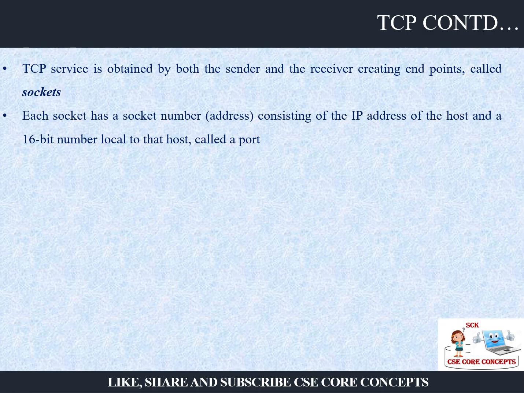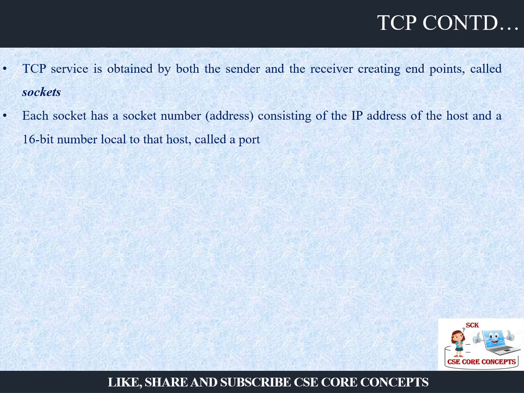Now this TCP service can be availed using endpoints which are called sockets. Every socket has a socket address. The address consists of the IP address of the host and a 16-bit number that is local to the host, which is called the port address.